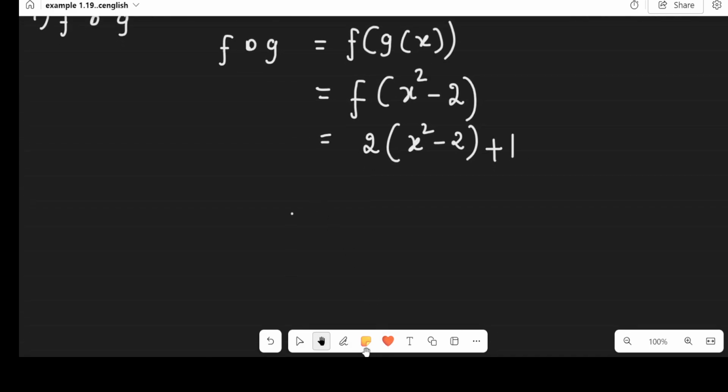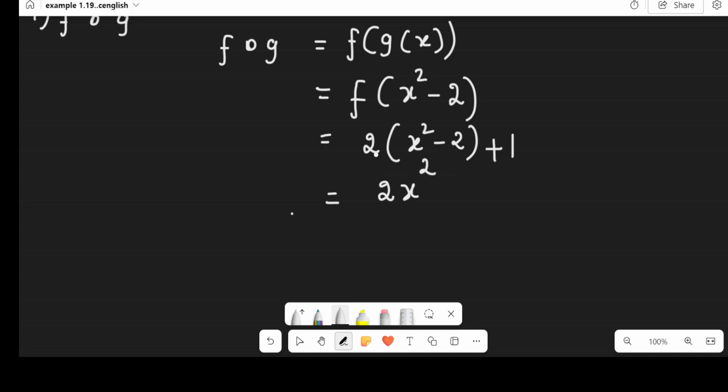What would be the next step? We should multiply 2 with x square minus 2. 2 into x square is 2x square, then 2 into minus 2 is minus 4, plus 1. So 2x square minus 4 plus 1.